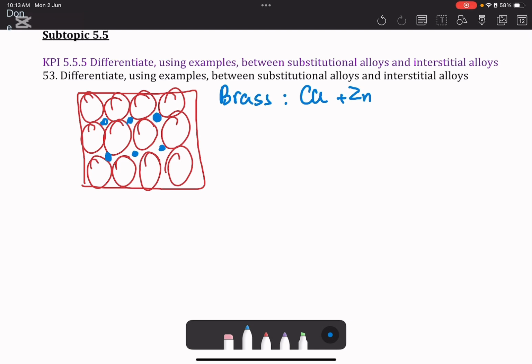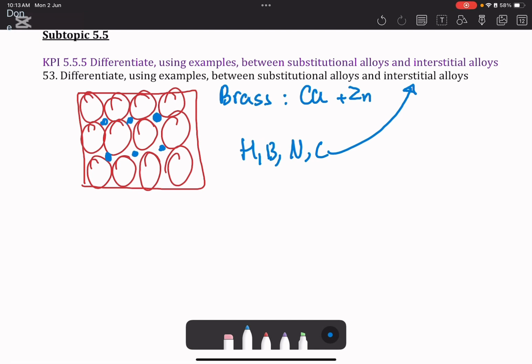So it's basically metal mixed with elements of smaller size, like hydrogen, boron, nitrogen, or carbon. So this will retain the metallic properties. So hydrogen, boron, nitrogen, and carbon could be filling the holes in an interstitial alloy.